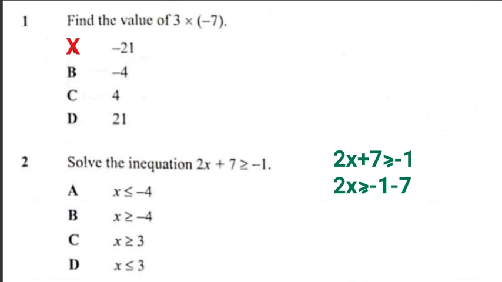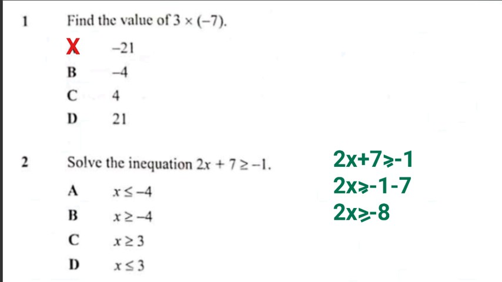Then 2x is greater than or equal to, when you are dealing with two numbers with the same sign, you consider the sign. Here we're dealing with a negative, so we add the numbers: 1 plus 7 will give us 8, so it's going to be negative 8.